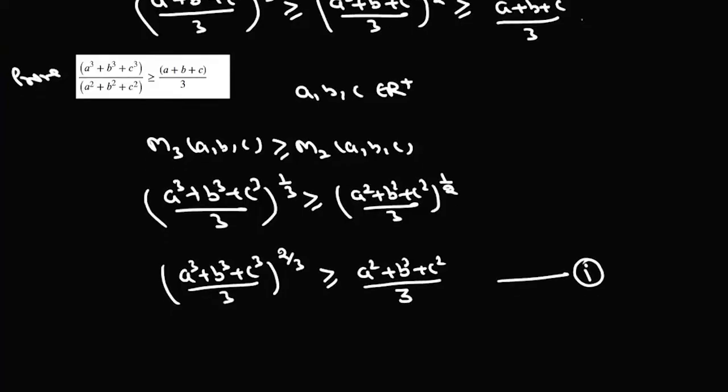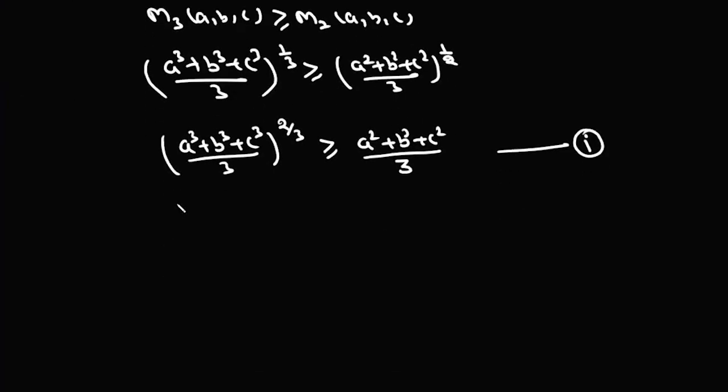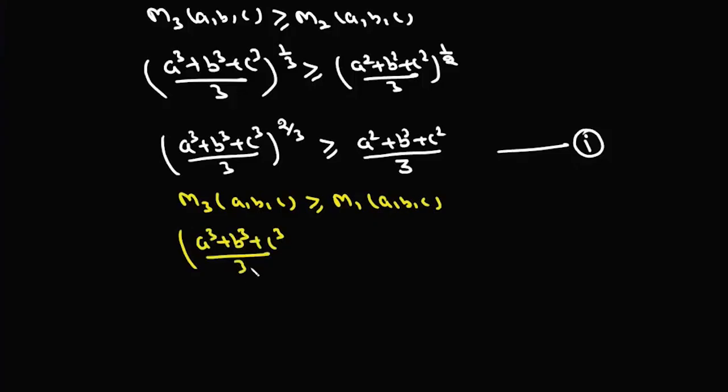Now we also know that M3 is greater than or equal to M1. So we can write M3(a,b,c) will be greater than or equal to M1(a,b,c). So it will be (a cube plus b cube plus c cube upon 3) to the power 1 by 3 and will be greater than or equal to (a plus b plus c) whole divided by 3, and that's our second inequality relationship. Now what we'll do is we'll multiply these two. Now this is (a cube plus b cube plus c cube upon 3) to the power 2 by 3 plus 1 by 3. So this part will be 1.